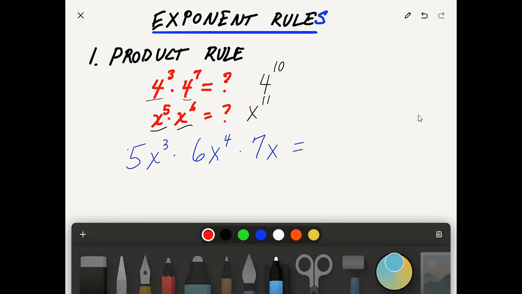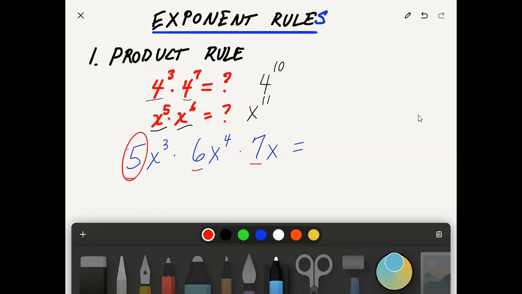But let's look at this third one, right? This one has 5x to the third power times 6x to the fourth power, and then we have 7x. And we want to use the exponent properties and multiply those. Now, here's the key.